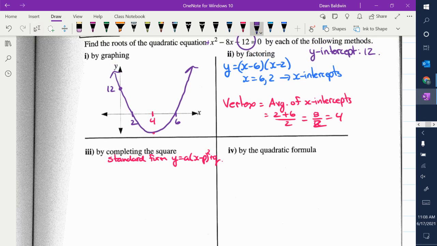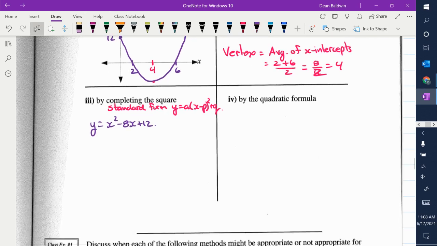We have y is equal to x squared minus 8x plus 12. All right, convert that to standard form, please. That's exactly what we just did.